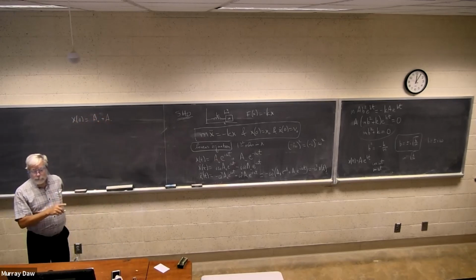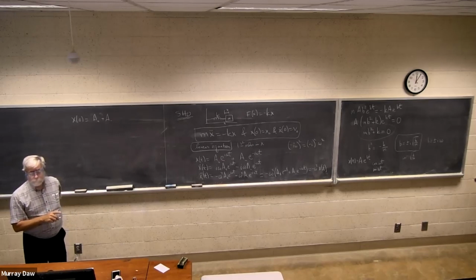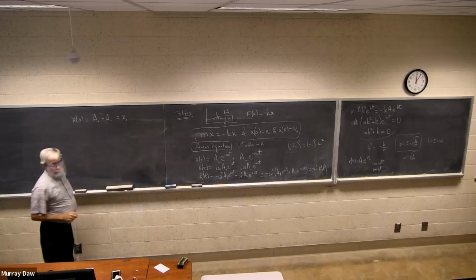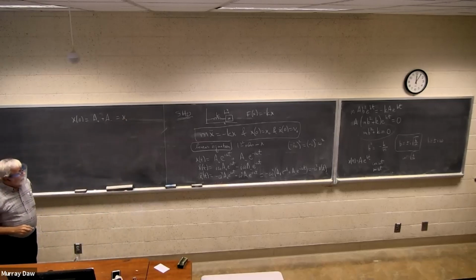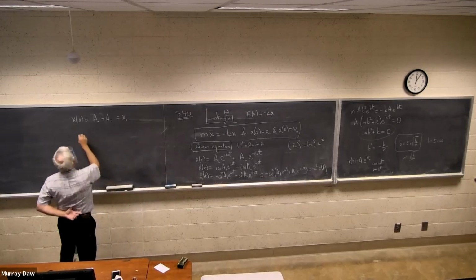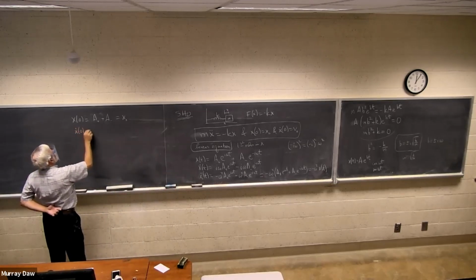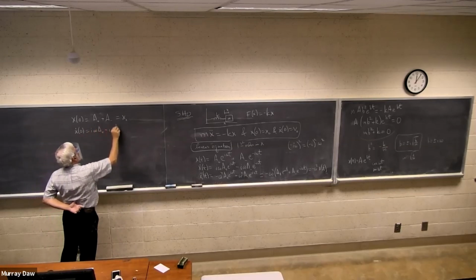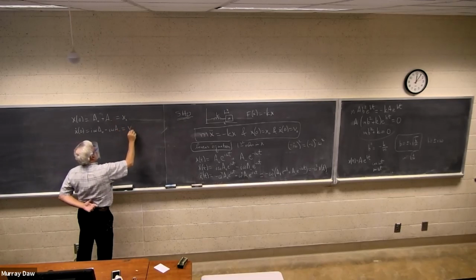Two exponentials evaluate to 1. And that's the initial position. And then let's set this to 0, the initial velocity.